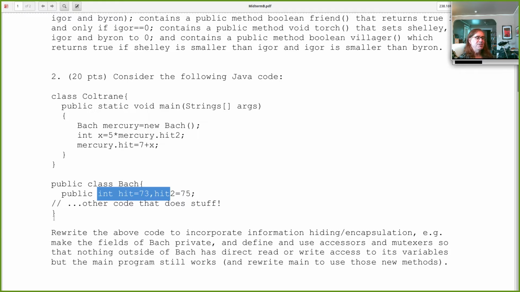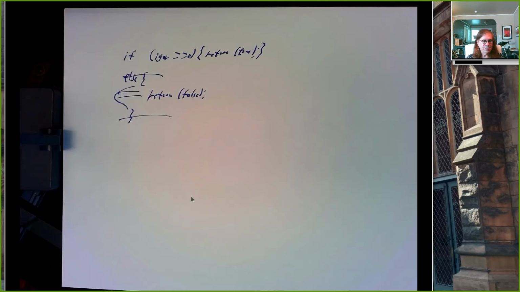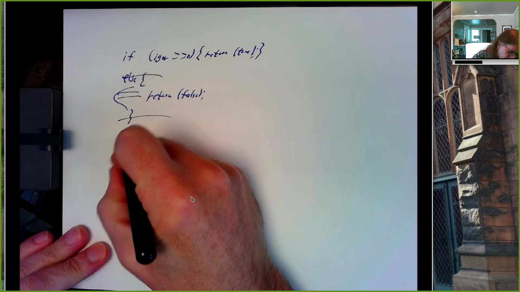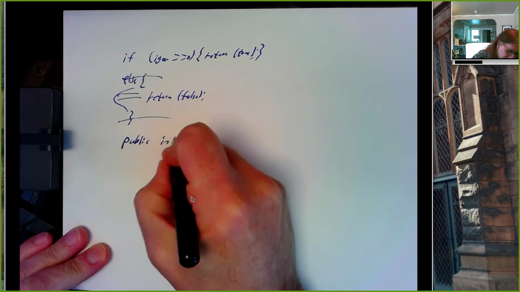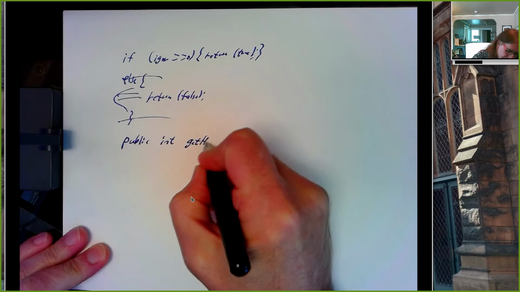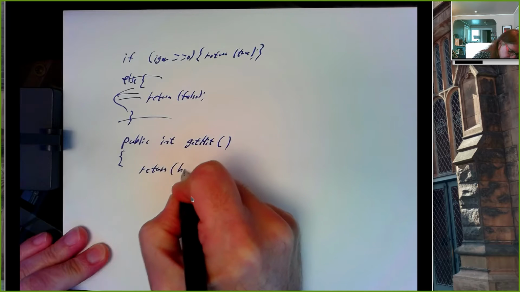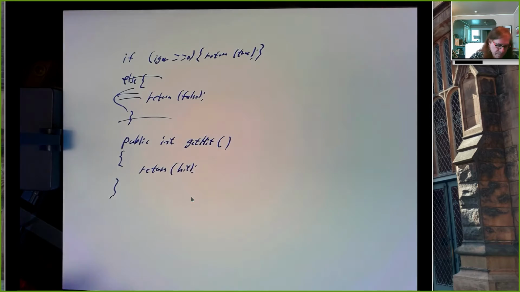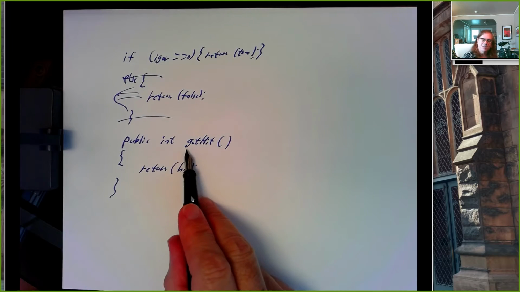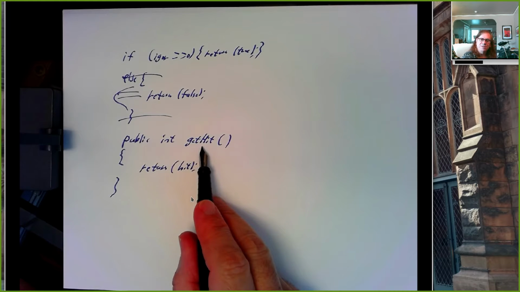So information hiding, the idea is let's go ahead and make these private. So public class Bach, we'd have private int hit and hit2, but then we create methods for accessing these things. So we would do something like public integer getHit, and generally when you write accessors, they're called get, starting with a lowercase g like all methods, followed by the name of your variable that you want to return the value of.